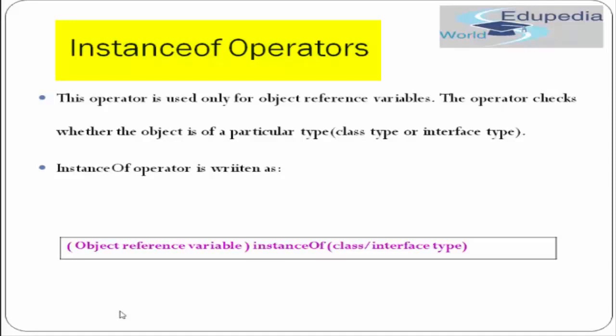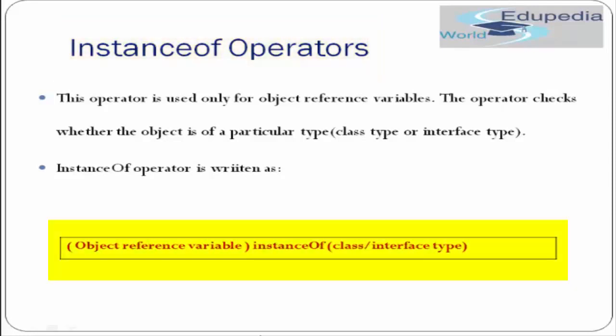The syntax is the object reference variable, then instanceof, and then the class or interface type. If I have created an object a and want to check whether a is an instance of the class Student, then you write a instanceof Student.